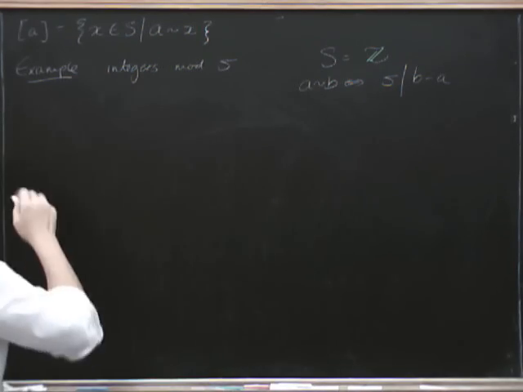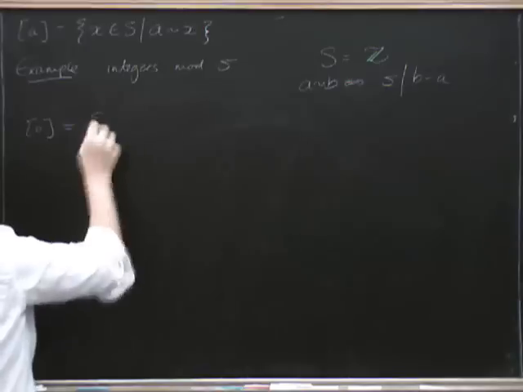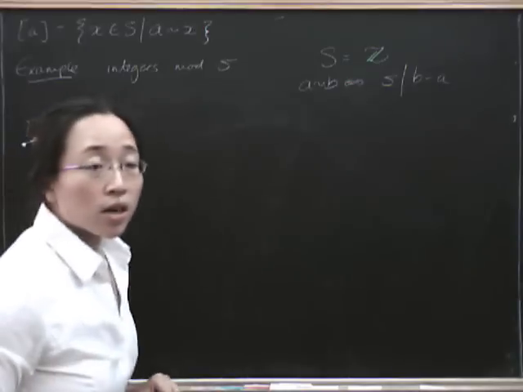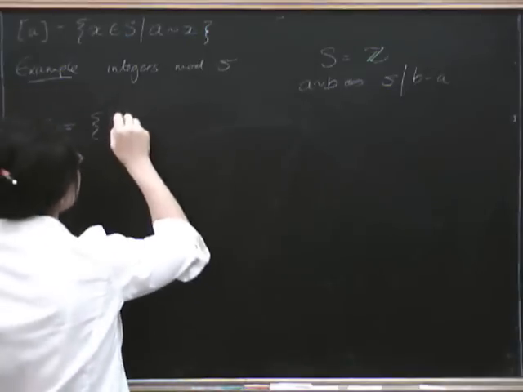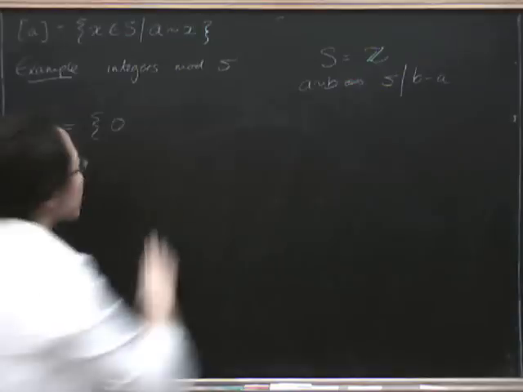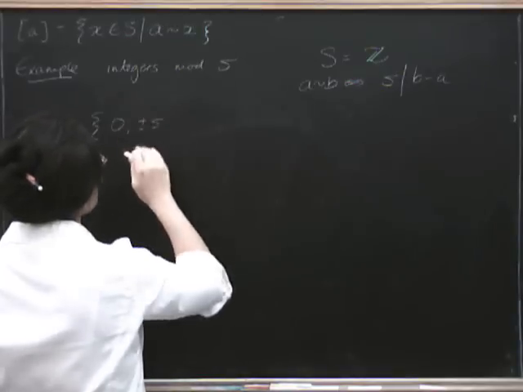So what's the equivalence class of 0? Well, what are all the numbers that are equivalent to 0 mod 5? Well, obviously 0 is equivalent to 0 mod 5, and then there's also plus or minus 5. Actually, I'm not going to write it like that.